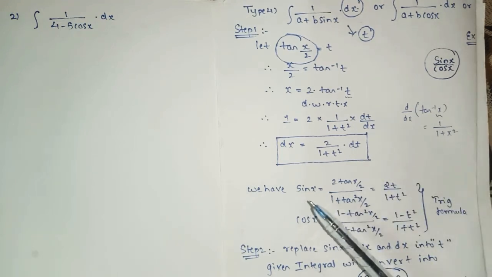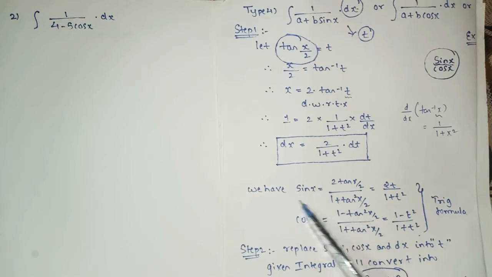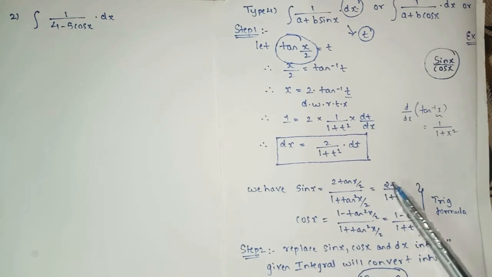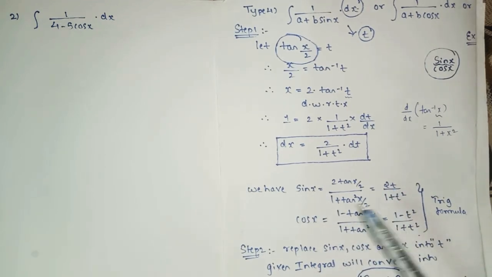So in the question, wherever you see sin x, it will be replaced by 2t upon 1 plus t square. The cos x formula is 1 minus tan square x by 2 upon 1 plus tan square x by 2. Again, when tan x by 2 is replaced by t, it will be 1 minus t square upon 1 plus t square.